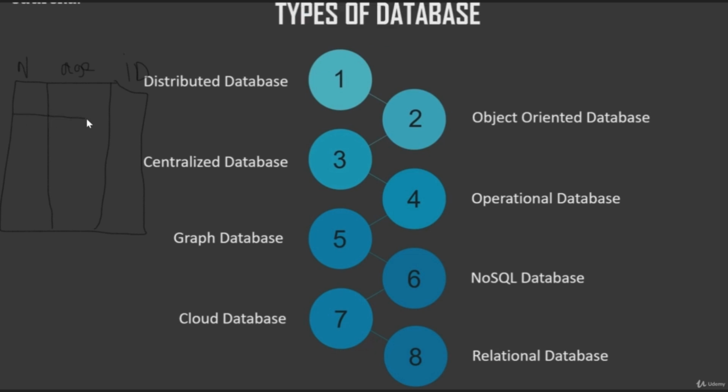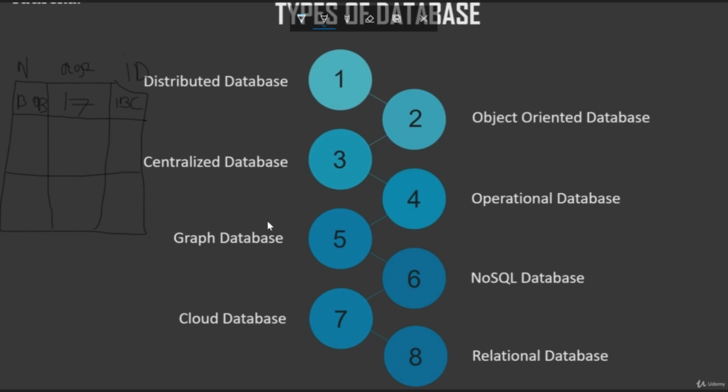Okay, and let's write rows. This is my one row, and let's write just 3 rows. My name, let's write, is Bob, age is 17, and ID is 1BC. This is just my basic table. You can see this is a relational database.